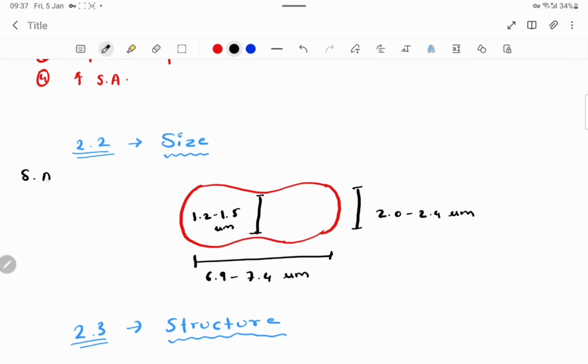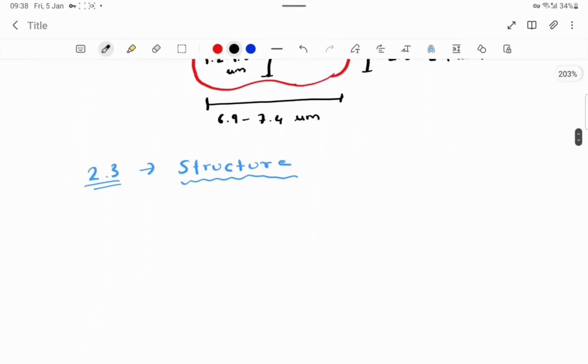The surface area is around 120 square micron, and the volume is in the range of 80 to 95 cubic micron. So this is about the normal size of an RBC.